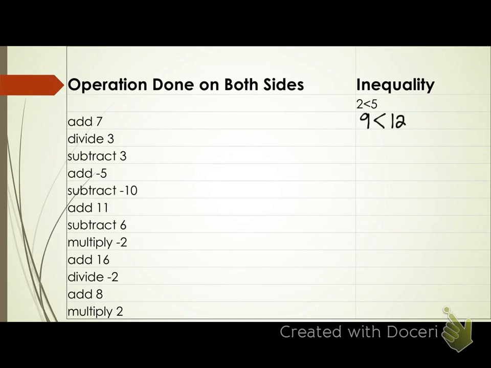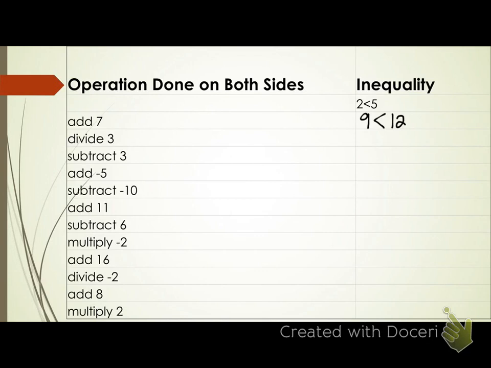Less than. So that's how we're going to go through this whole table. We're going to do our operation to both sides, and then you guys are going to tell me if it's less than or greater than. Everyone understand how we're doing this? I've got a certain goal behind it as to why I'm doing this table. So if you just want to pay attention, that's fine as well.